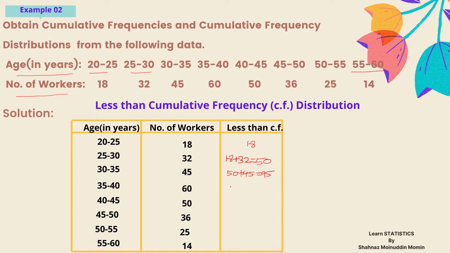Similarly, 95 plus 60 is 155. 155 plus 50 is 205.